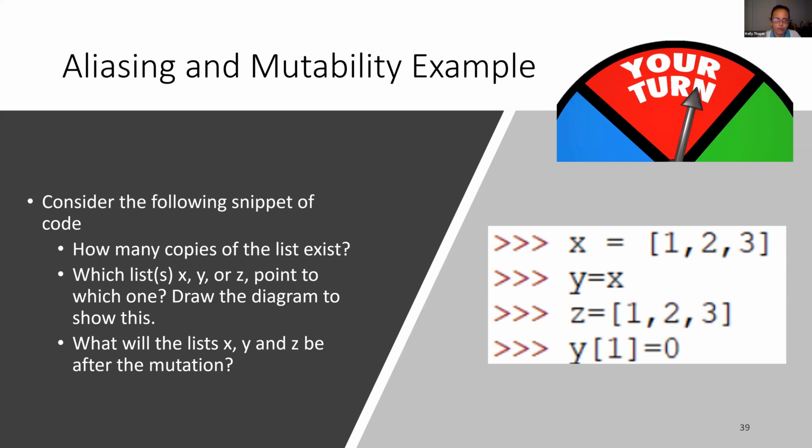So the question then becomes, if we mutate something, what's going to happen? All right, so if it's the self-same list, whether you mutate it under one alias or the other alias, it's still the same list.